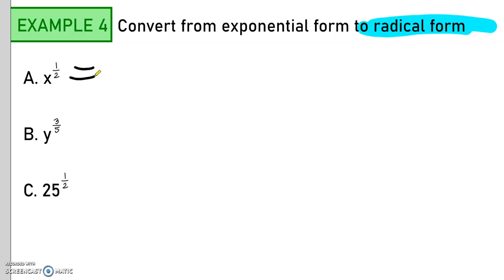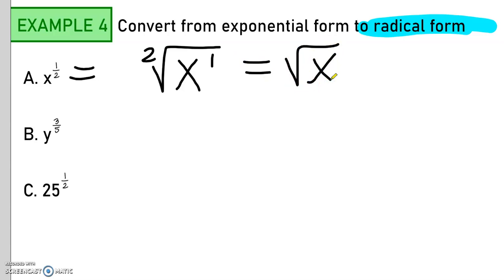I'm going to write it as a radical, so I now want to have a radical, and my radicand is whatever term we're working with, x. I take my index, or my denominator, right? Notice my denominator, and it becomes my index, and my numerator is my exponent. So really, x to the 1/2 is just the square root of x to the first power. Really, we can just write it as the square root of x.